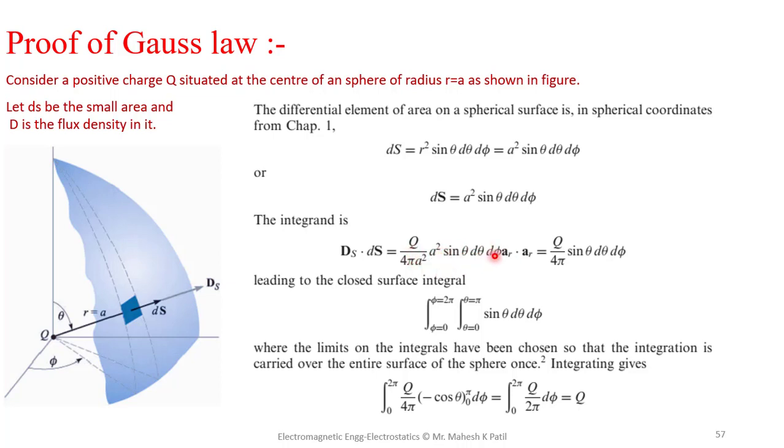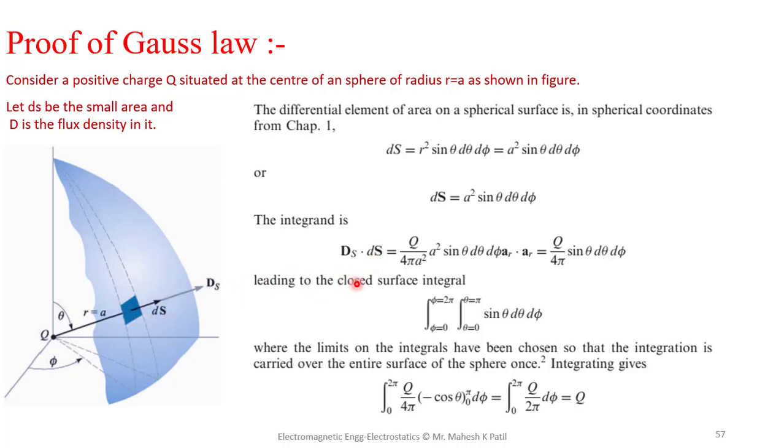Now all this is along ar, so ar dot ar becomes 1. If you simplify this product, a square gets cancelled, and what remains is q upon 4 pi sine theta d theta d phi. This is the small flux given out by this small area.